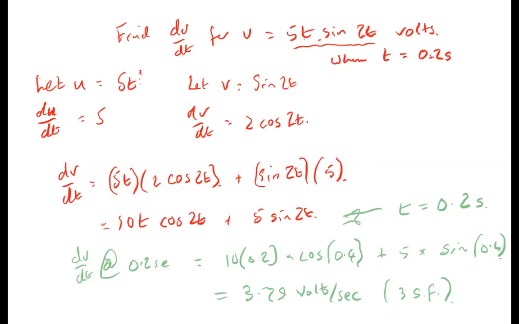Yeah, so that's 10 times 0.2. But then inside the sine and cosine functions, it's got a constant times t, 2 times t, so that's 0.4. Yeah, I get that. So till 25.2, have a go at those product problems on the page.